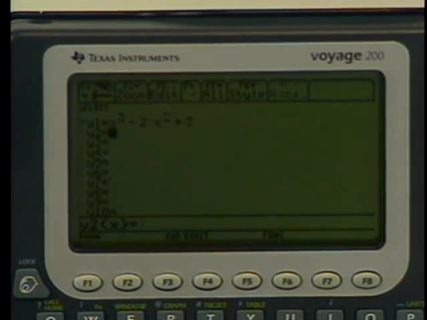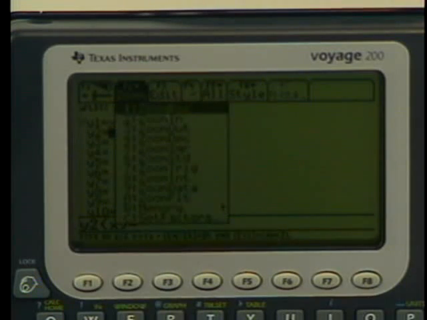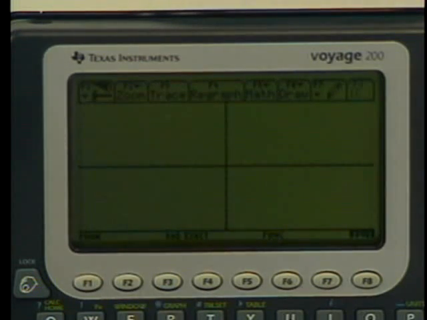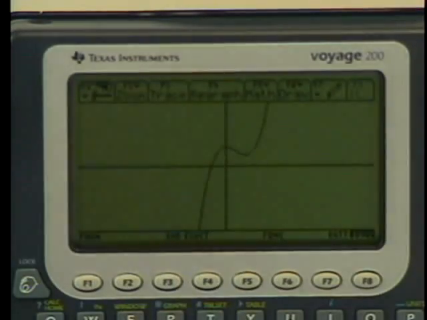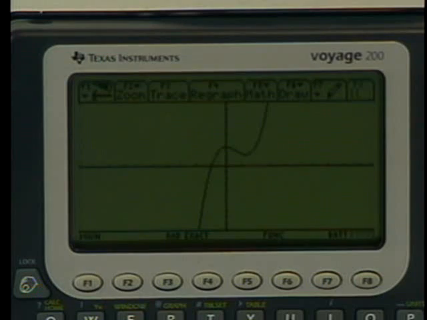I just went x cubed minus 2x squared plus 3, just to pick something. Then I go F2 6 to see if maybe the zeros show up. And it does seem to cross somewhere, right?